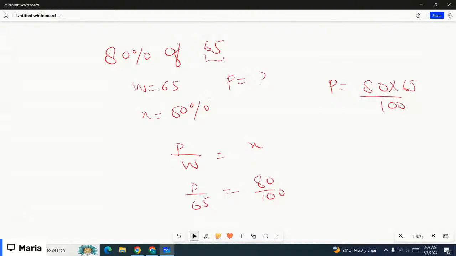The correct option is, hold on, that is 52. So the correct option is 52. That means 80% of 65 is 52. Got it?